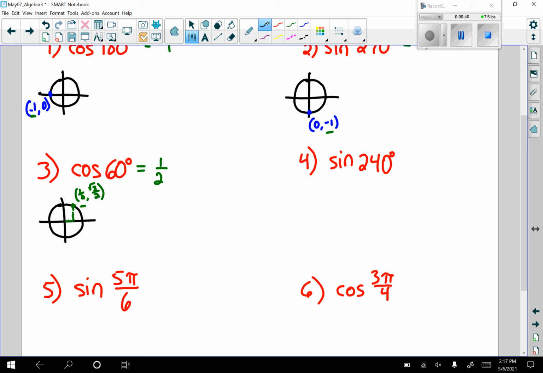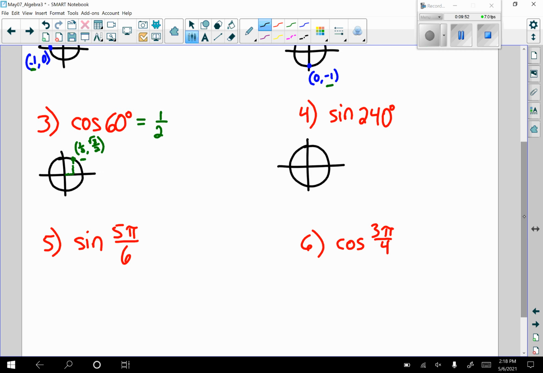You guys go ahead and try that with 240. First figure out where 240 degrees would be on the unit circle, and try to figure out, without looking, what the ordered pair would be.